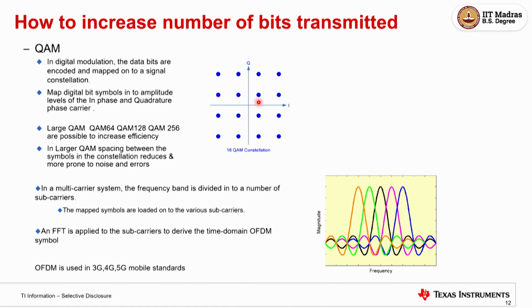You need better systems. I'm not going to go into the theory of this. This is more like an extension of it, called OFDM. I think this is the standard that is used in most of the 3G, 4G, 5G systems nowadays. In OFDM, they break the channel into multiple carriers, like the cos and sine I mentioned. They make many carriers which are orthogonal, and then they modulate each of these carriers depending on the information.